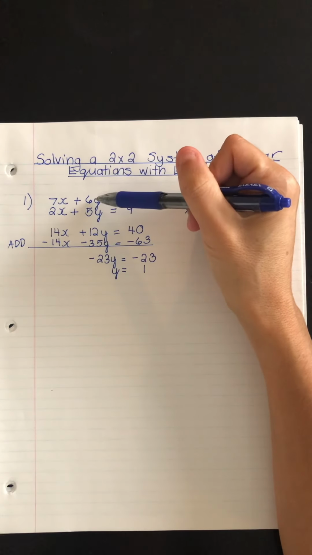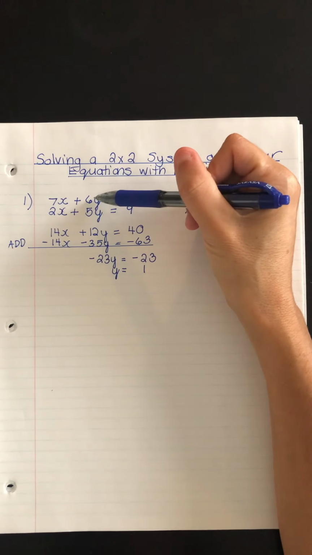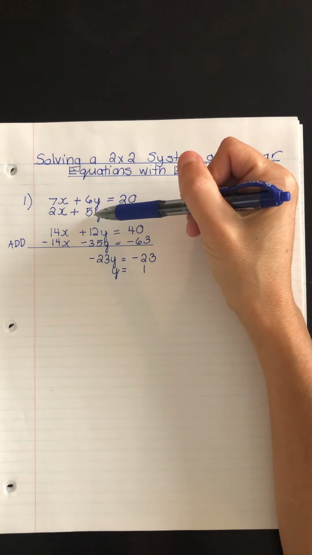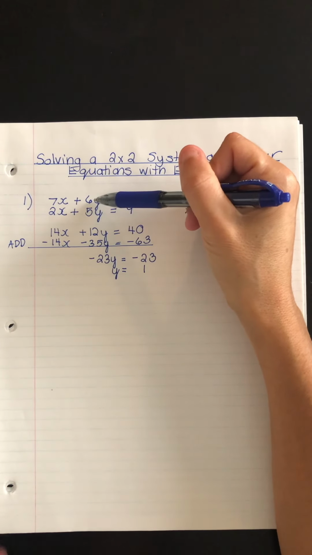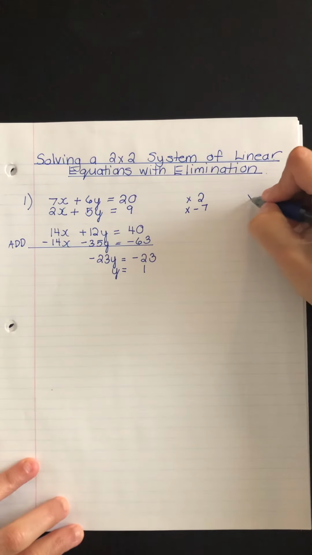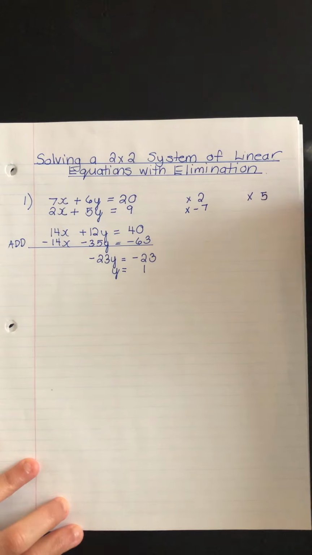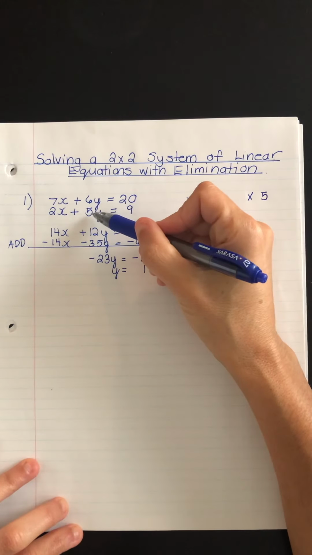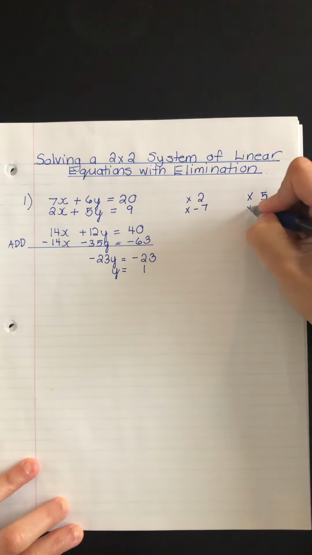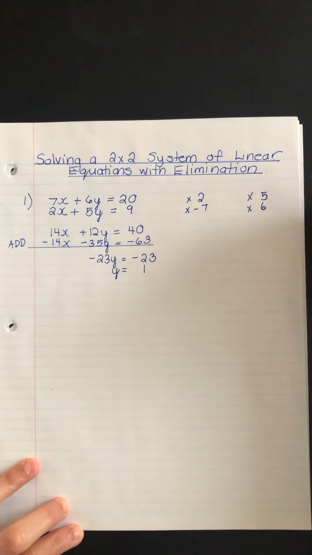So my goal is going to be make this 30y and this negative 30y. So to get this to be 30y, I'm actually going to multiply that top equation by 5. To get this to be negative 30y, I will multiply that bottom equation by 6.